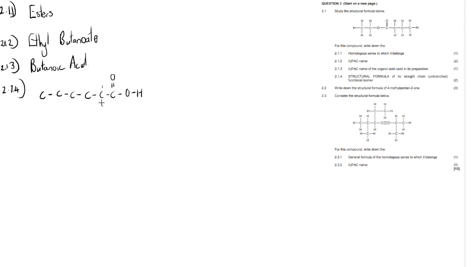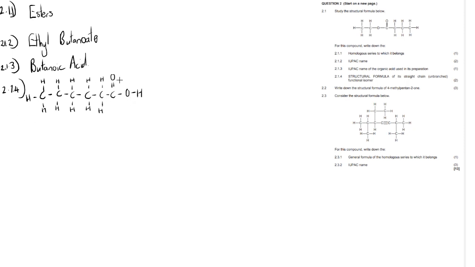And so 1, 2, 3, 4, 5, 6, 7, 8, 9, 10, and 11. Just a reminder there: check that each carbon has 4 bonds, no more and no less. So this is our functional isomer.